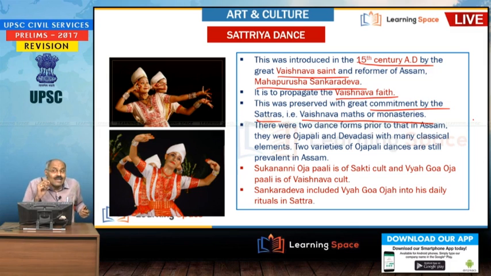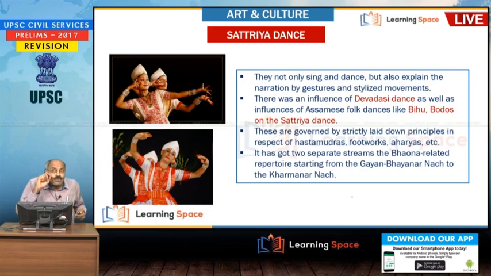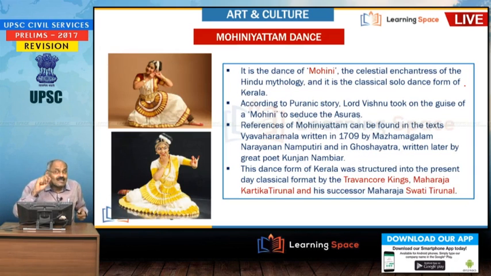There were two dance forms prior to that in Assam, and here Shankaradeva included Vyagavaza into his daily rituals in the Satra. They not only sing and dance, but also explain the narration by gestures and stylized movements. And this dance has its influence from Bihu and Bodo dances, right. So this is all about this Sattriya dance.